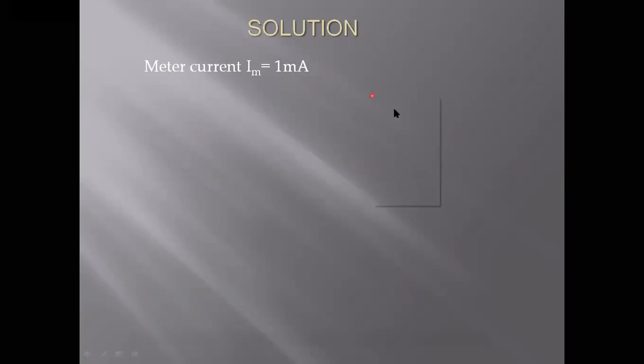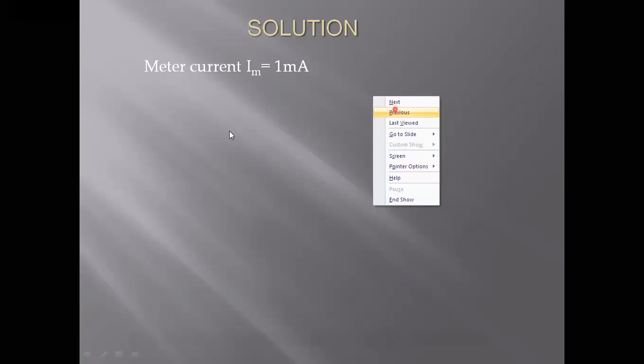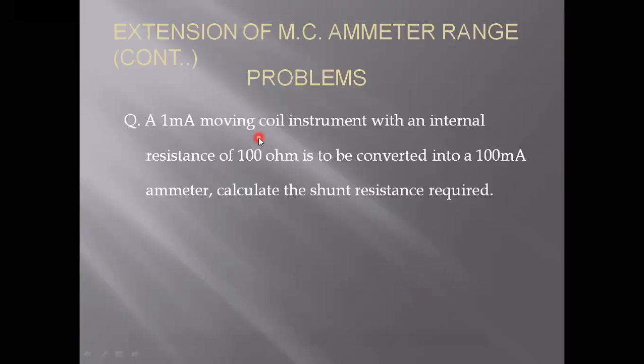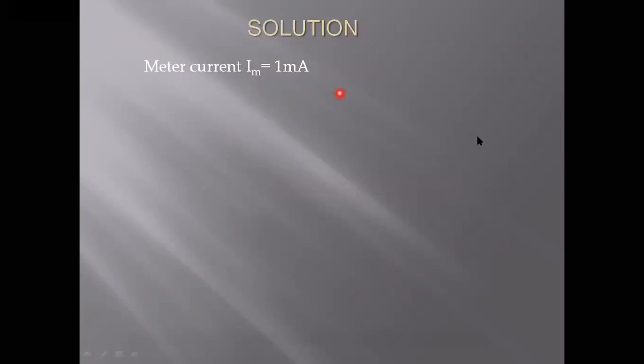Let me go to the question again. 1 mA moving coil instrument. If you give 1 milliampere, it will have full scale deflection. So Im is equal to 1 milliampere. Rm is given as 100 ohms.